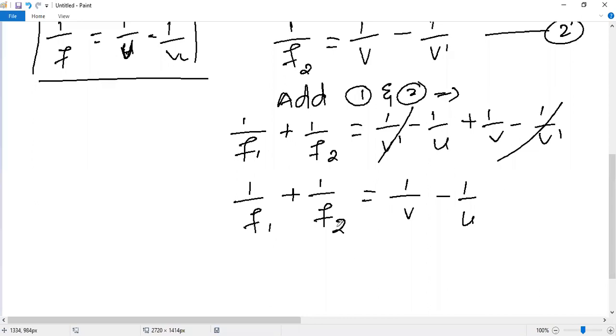It is 1 by f. So 1 by f1 plus 1 by f2 equal to 1 by f. Equation number 3.